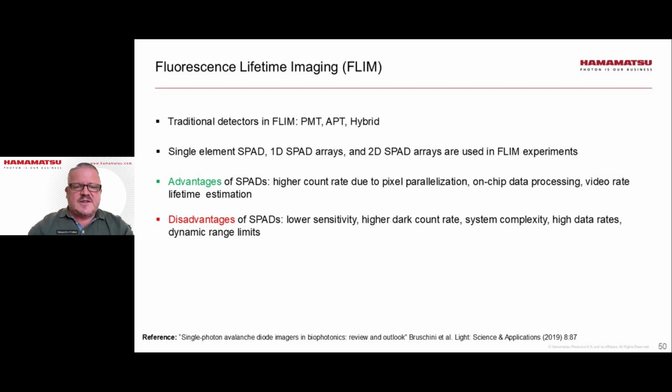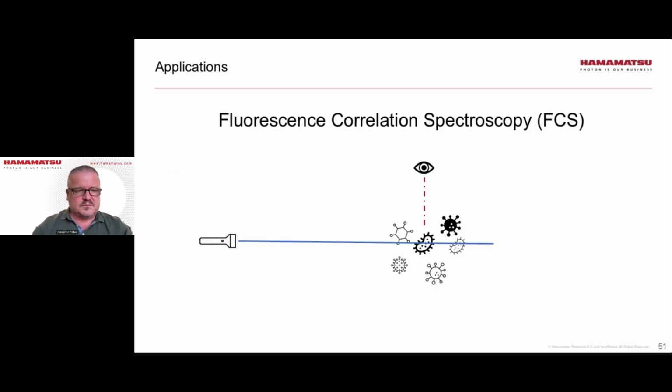So there are some advantages for using SPAD. It's a higher count rate due to pixel parallelization, on-chip processing. Again, we already said about time stamping, but also you can do a triggered operation, right? So you can only observe fluorescence in certain time windows, and that will affect the efficiency with which we can construct those decay plots or histograms.